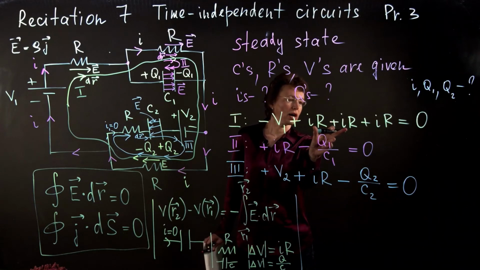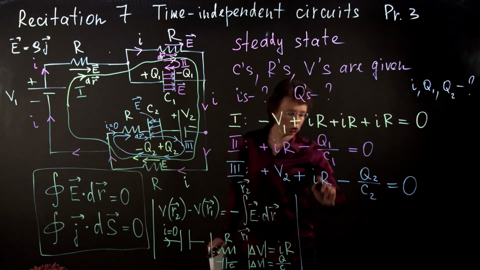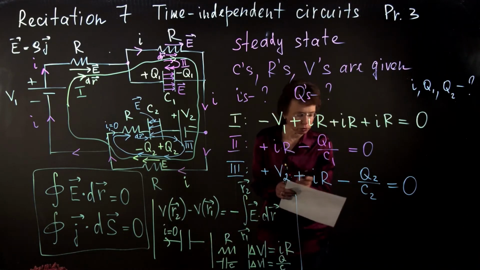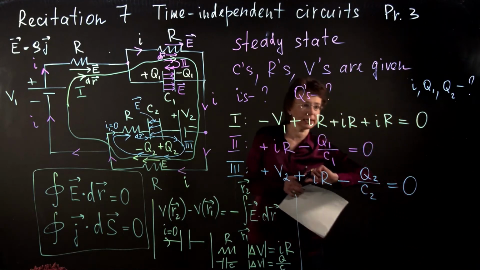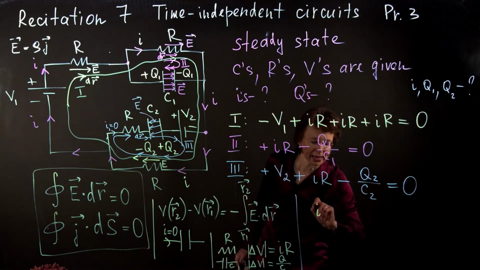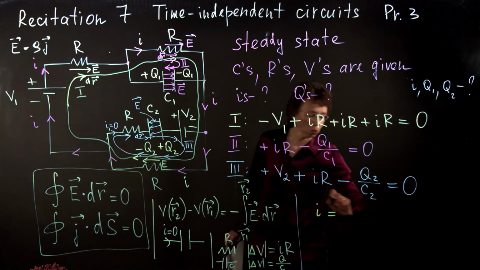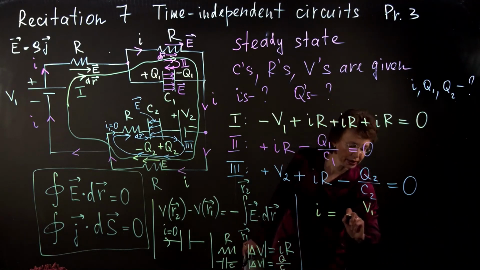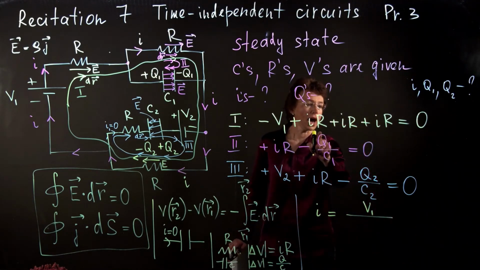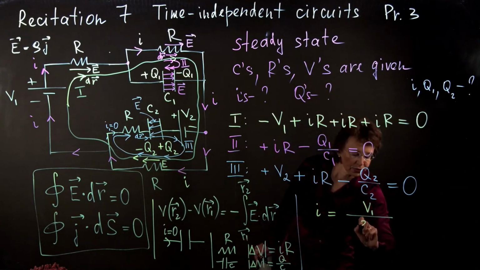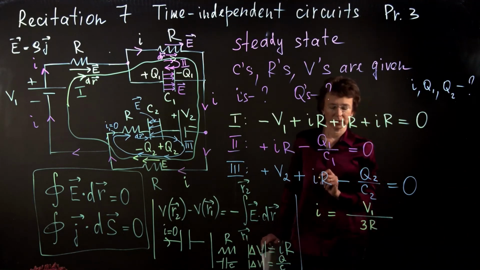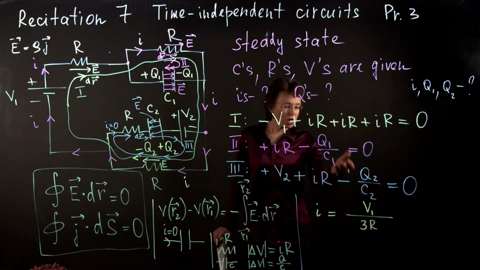Let's solve first equation for current I. From the first equation, I immediately get current I as V1 divided by R plus R plus R, 3R. This is my current. Now I know current.